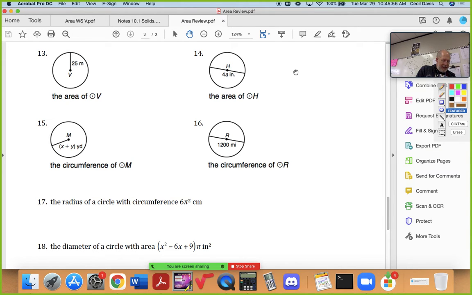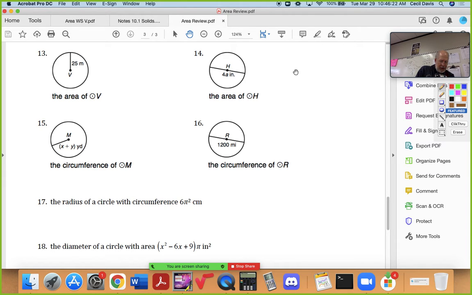Number 18, the radius is x minus 3, and so the diameter is 2x minus 6 inches. Number 19, the area is 648 square roots of 3 square inches. Number 20, the area is approximately 85.6 square meters.